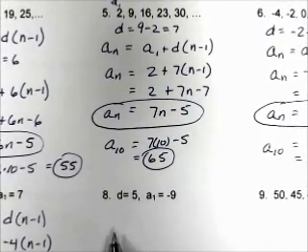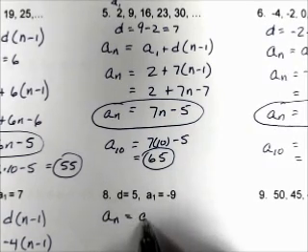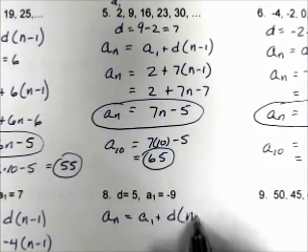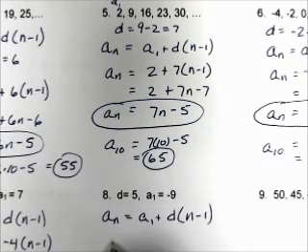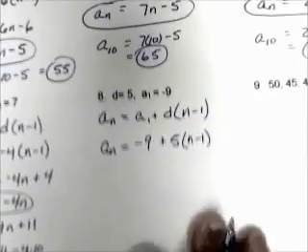Okay, you can pause the video and do number 8 if you like. Again, just plugging into the formula. a_1 is negative 9. Replacing d with 5. Distributing over the parentheses.